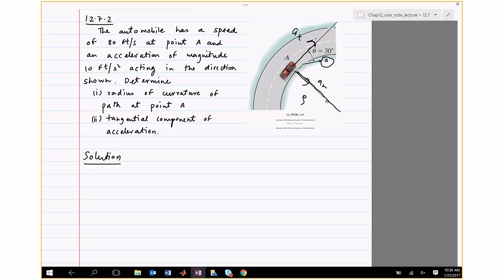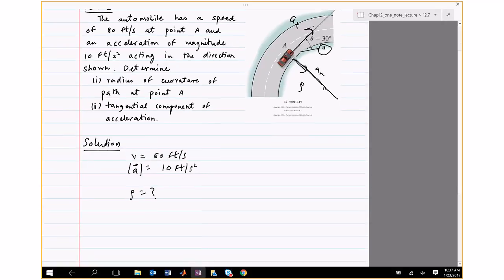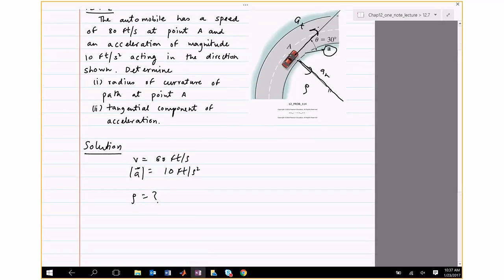So let's see, what we know is V, that's 80 feet per second. And then we know what the magnitude is. This is 10 feet per second squared. And we are asked to find rho. And then we are also asked to find AT.